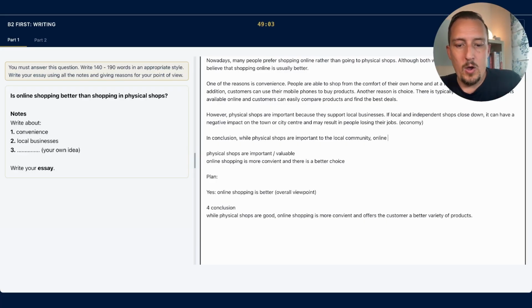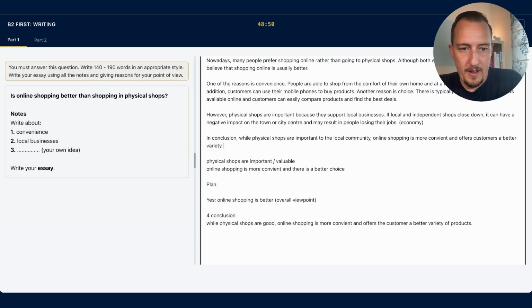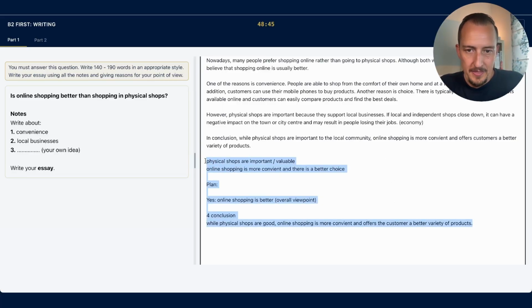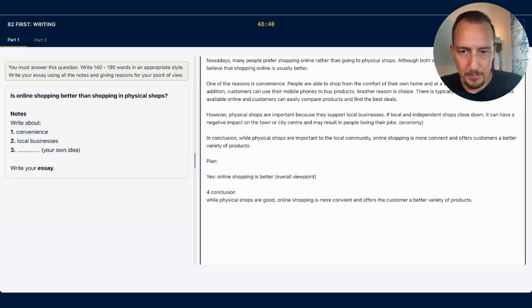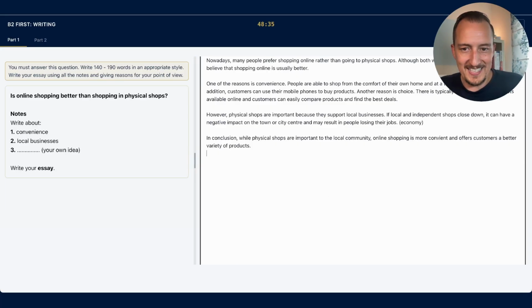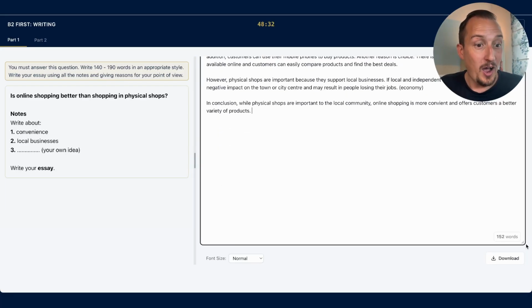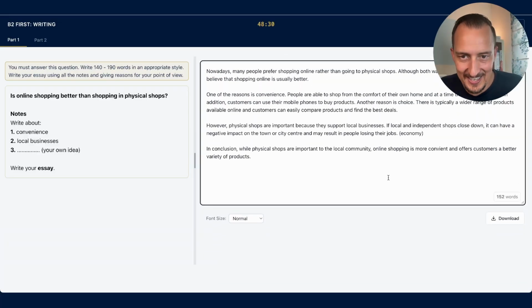So then we want to say online shopping is more convenient and offers customers, what did we say, a better variety of products. There we go. So let's remove that. That's not part of our word count. We've done our conclusion. So we've got our viewpoint, and the magic total that brings us to 152 words. Excellent. So we are within the word count.